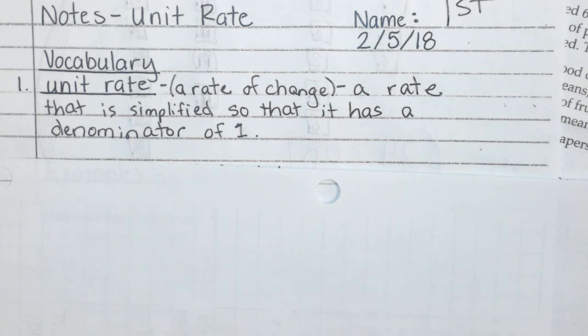It's changing per unit. It is simplified so that it has a denominator of 1. All unit rates, if they're asking for a unit rate, they want the denominator to be 1. Guys, I have a definition up there, and some of you haven't picked up a pencil. Some of you need to write this definition.